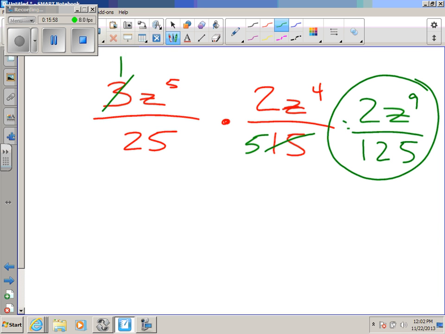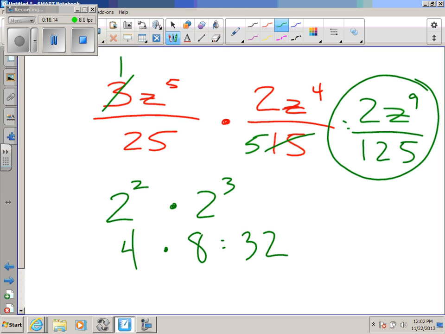Remember this? 2 to the second times 2 to the third. Okay, watch. What is 2 to the second? Equals 2 to the what? What is 32?